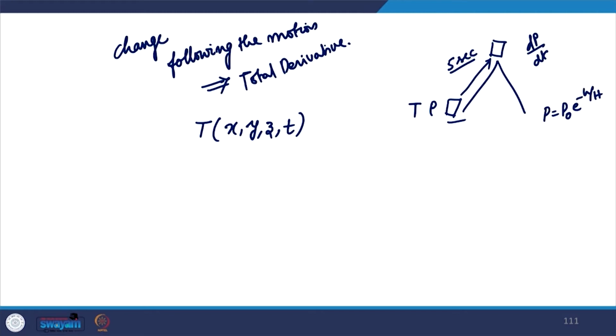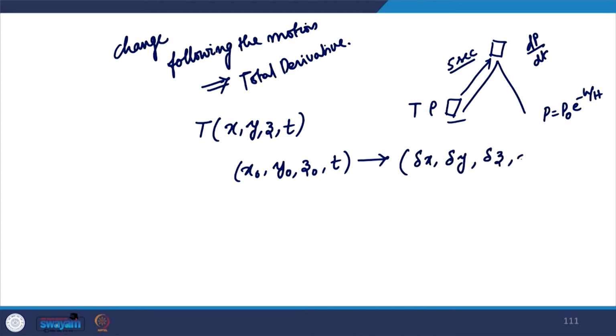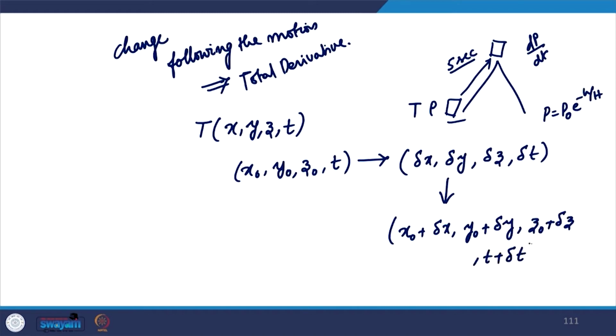Now, let us say the initial coordinates are x0, y0, z0 and t, then there is an incremental displacement of delta x, delta y, delta z and delta t. So, the final set of coordinates would be x0 plus delta x, y0 plus delta y, z0 plus delta z, t plus delta t.